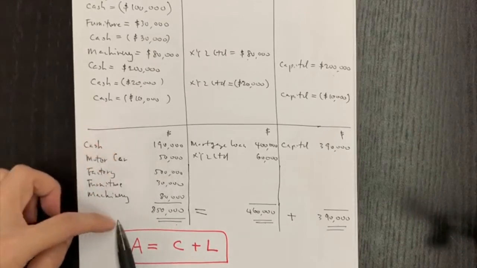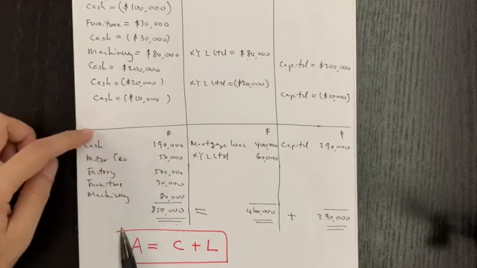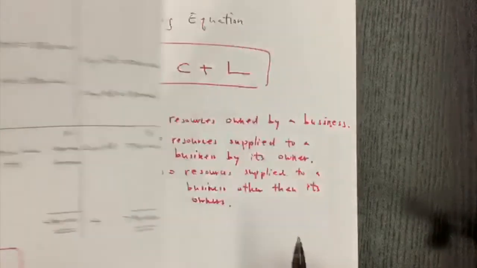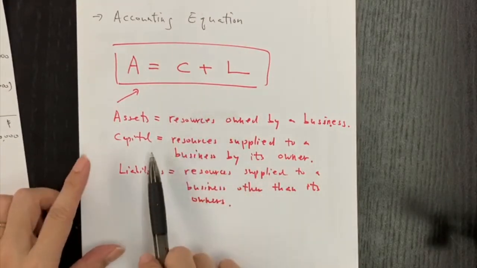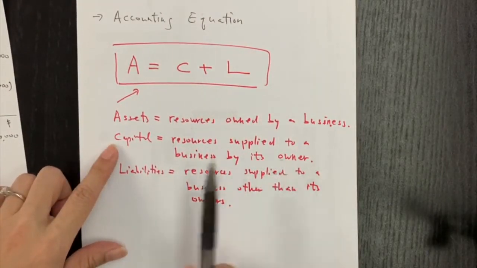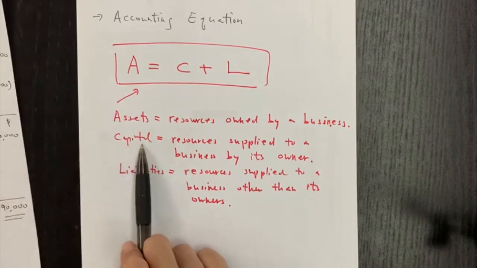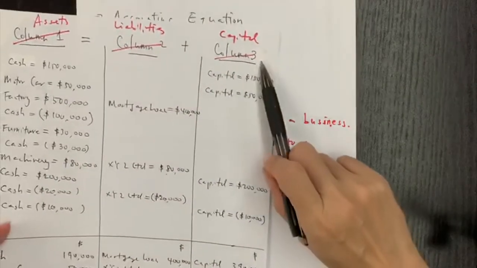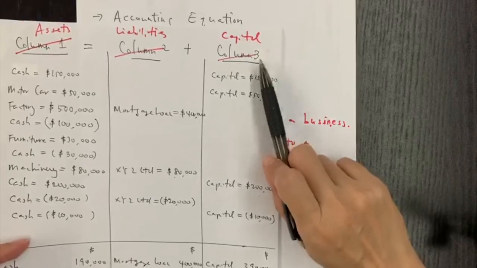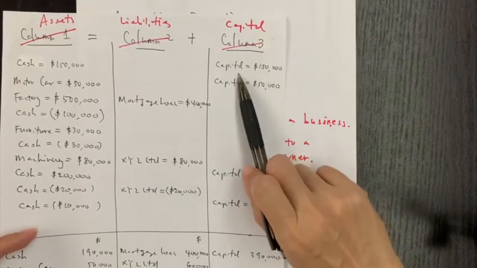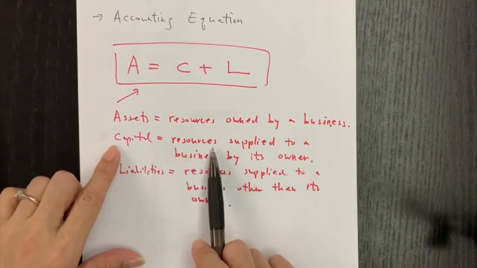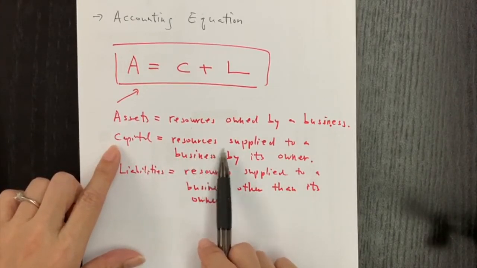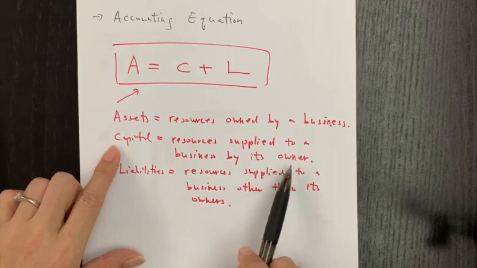So these all belong to the business. And then capital: who put these resources into the business? The owner. So we call that capital, which is our column 3 here. Capital means resources supplied to a business by its owner.